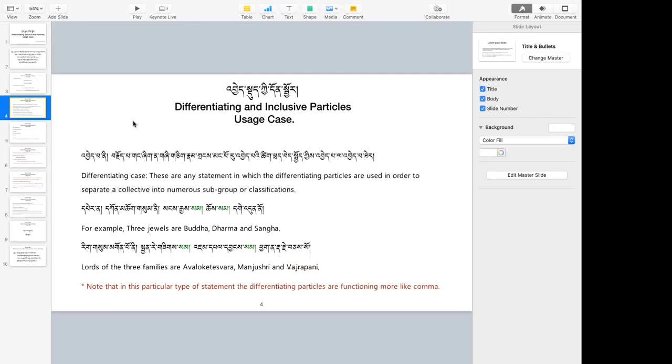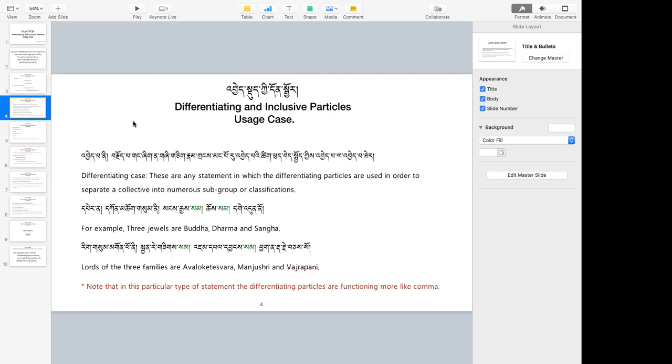Second, the particle that associates with these numerous separated subgroups or classifications, or the particle that functions to separate them, should be differentiating particles. So if a statement qualifies with both of these requirements, then this statement is known as the differentiating usage case.